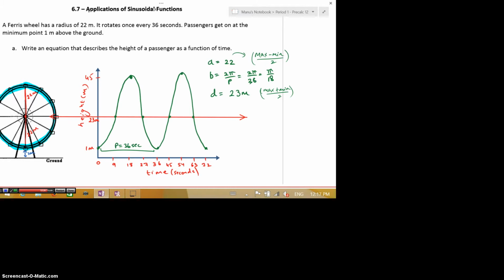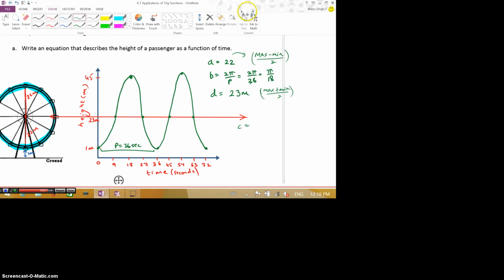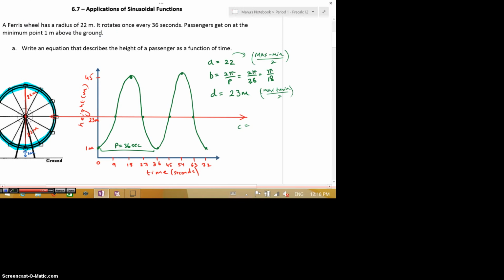The C value is going to determine what kind of equation I have. So I'll take 4 different choices for C. Can you give me one C value and tell me what function that's going to correspond to? Let's say the C value is 0. There's no phase shift. What kind of function would you be looking at then? Cosine?